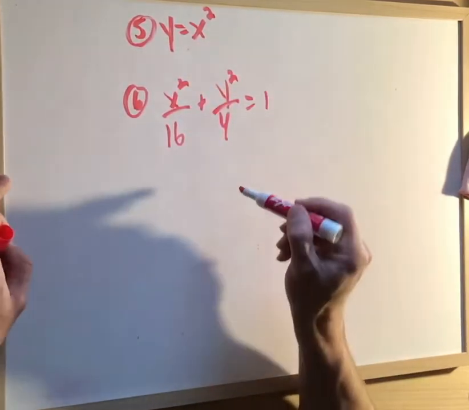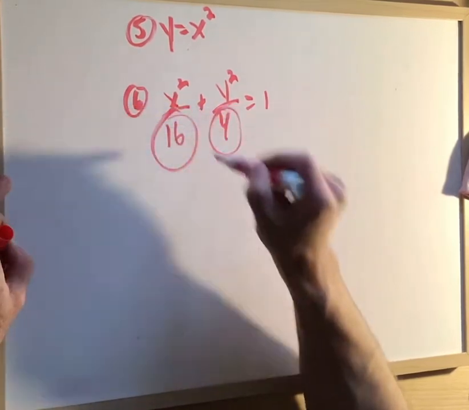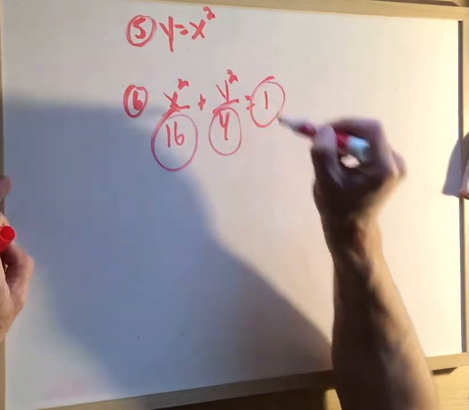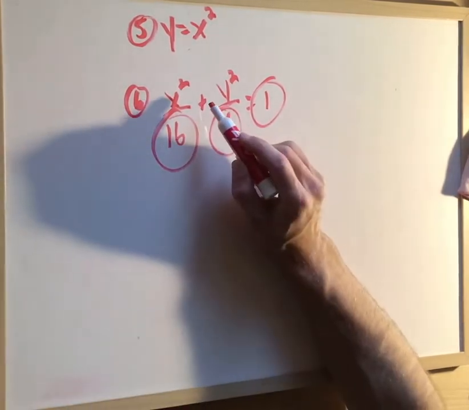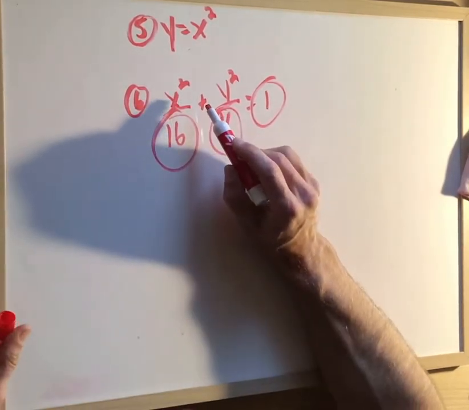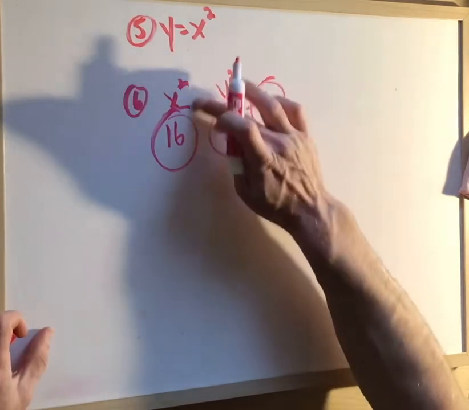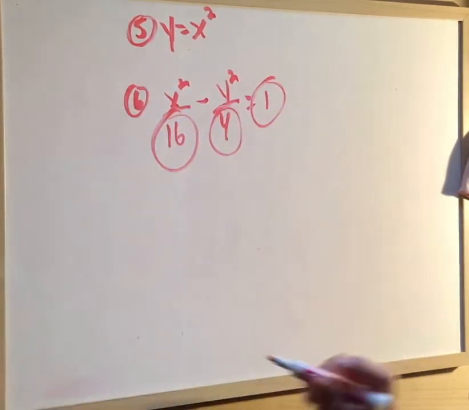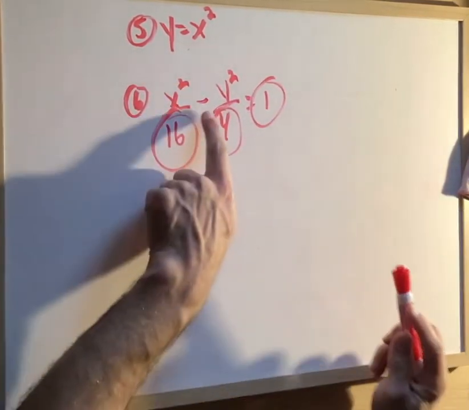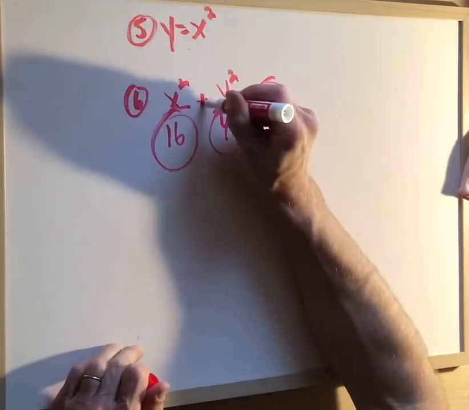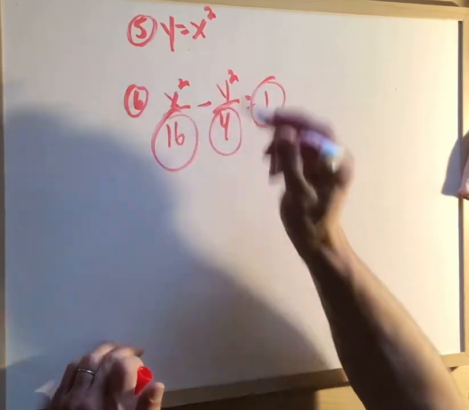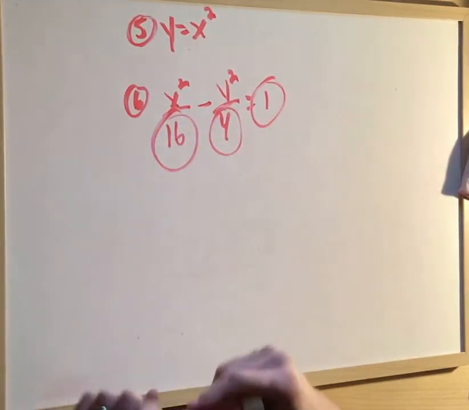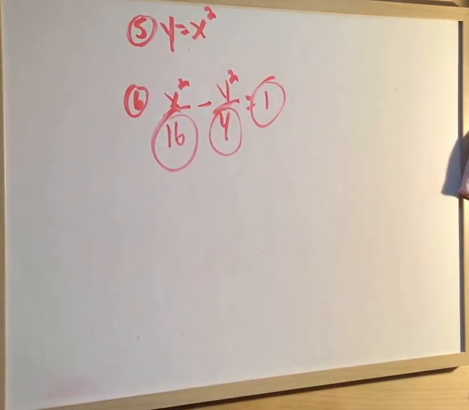Now look, whenever your A and your B are different and it equals 1, it's either an ellipse or a hyperbola. The fact that there's a plus here means that it is an ellipse. If there was a minus sign with one of these and it still equaled 1, it would be a hyperbola. And I believe there's a question about that on the test as well.